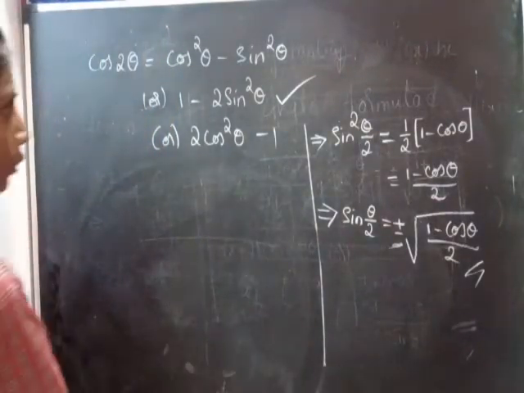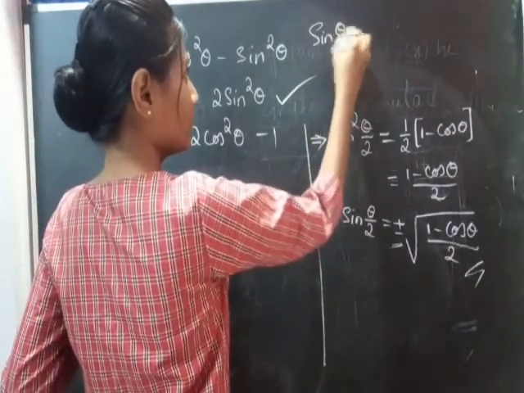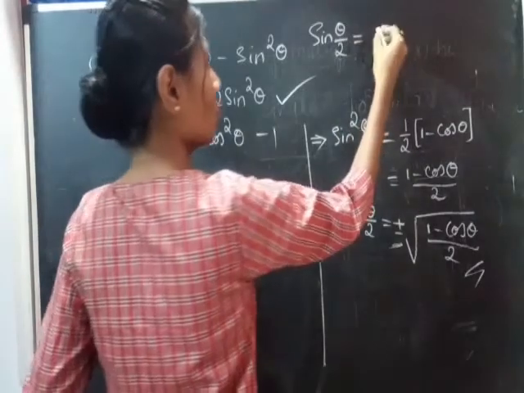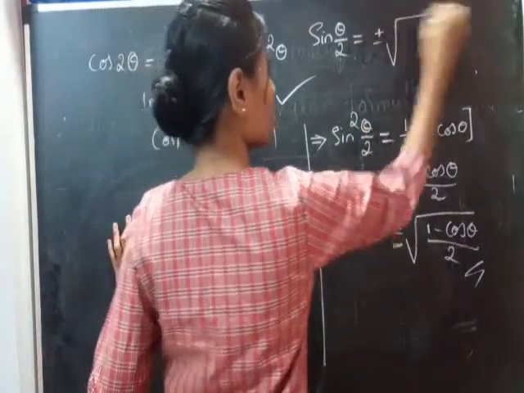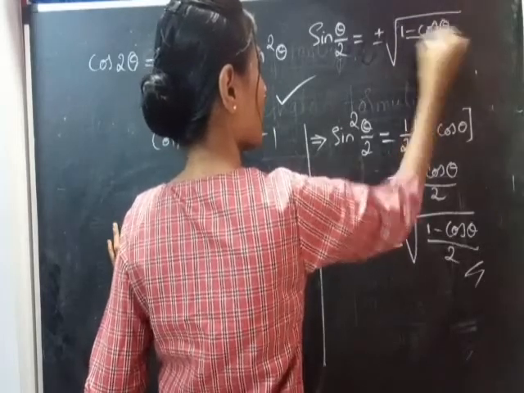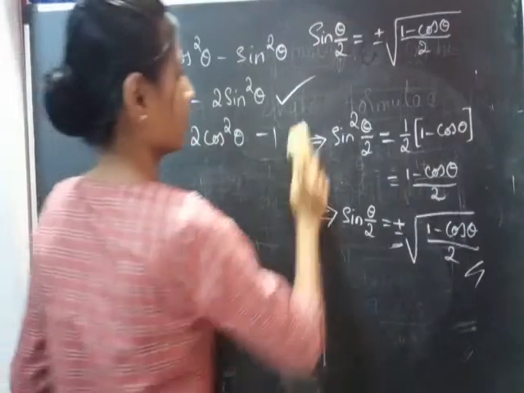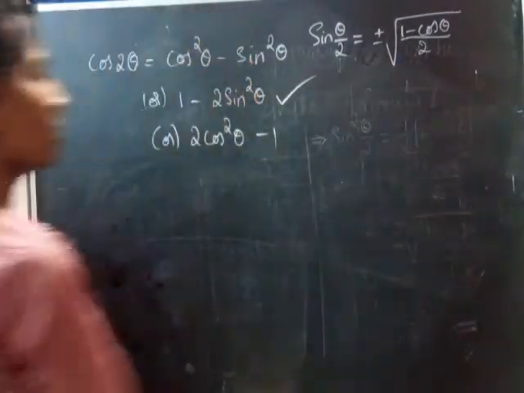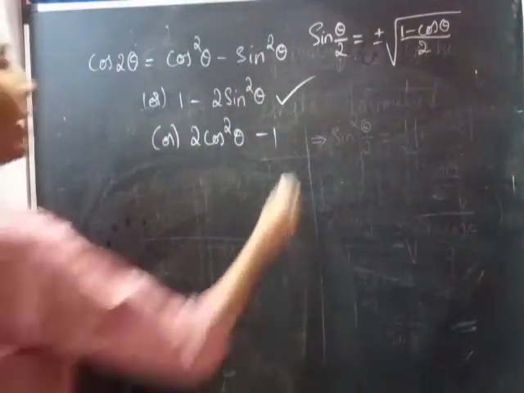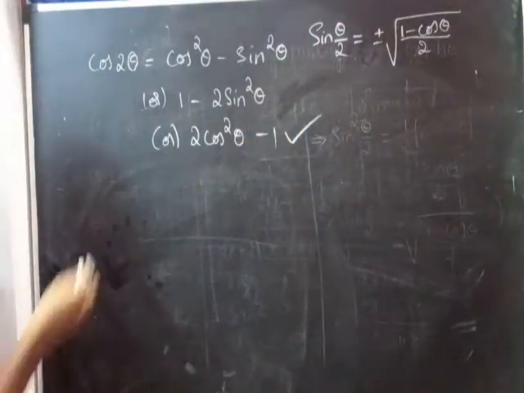So you have proved sine theta by 2 is equal to plus or minus root over 1 minus cos theta by 2. Okay. Now we are going to consider the second formula, in terms of cos theta.